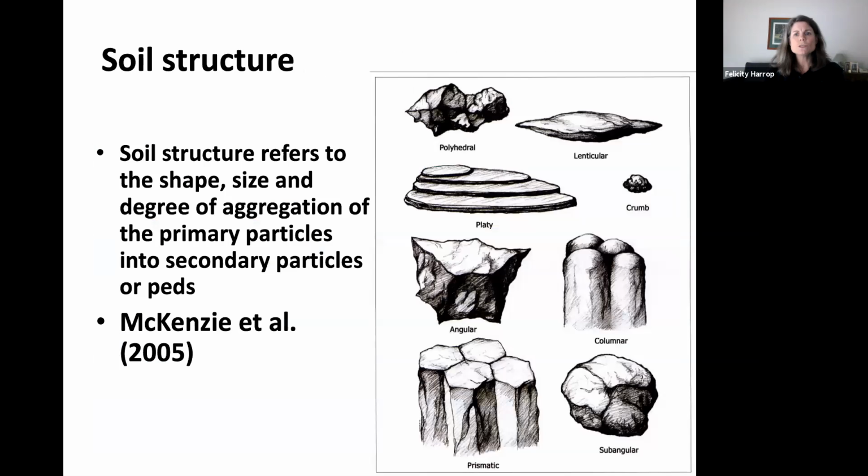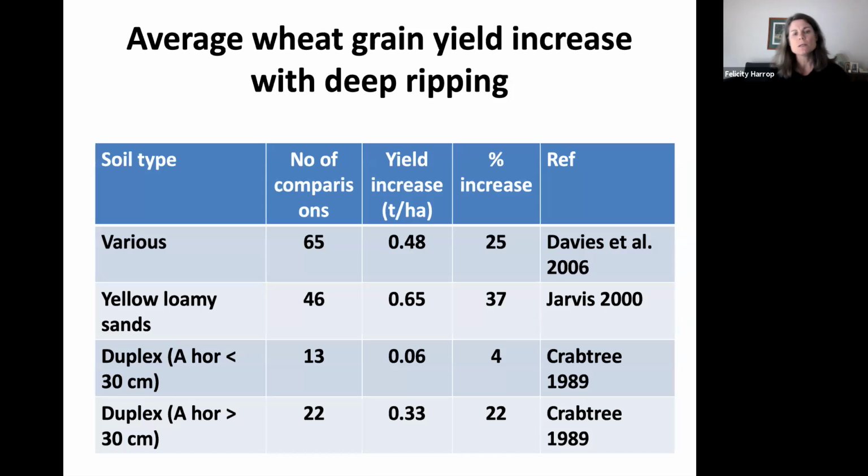And Richard, was the depth of ripping specific to each soil compaction depth? So, for example, were they ripped at the depth where the compaction was identified, or were they all just ripped at like 20 centimetres or 30 centimetres?